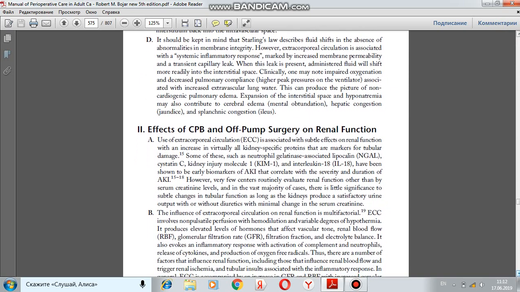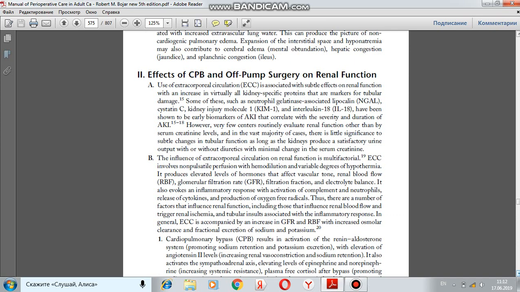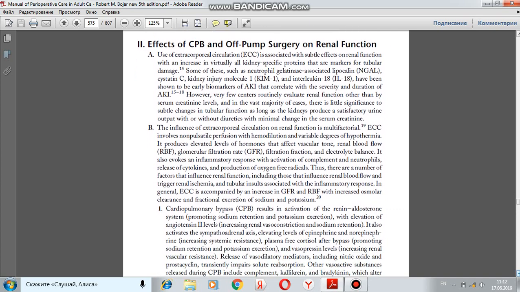Effects of cardiopulmonary bypass and off-pump surgery on renal function. Use of extracorporeal circulation is associated with subtle effects on renal function, with an increase in virtually all kidney-specific proteins that are markers for tubular damage. Some of these, such as neutrophil gelatinase-associated lipocalin, cystatin C, kidney injury molecule 1, and interleukin 18, have been shown to be early biomarkers of acute kidney injury that correlate with the severity and duration of acute kidney injury.